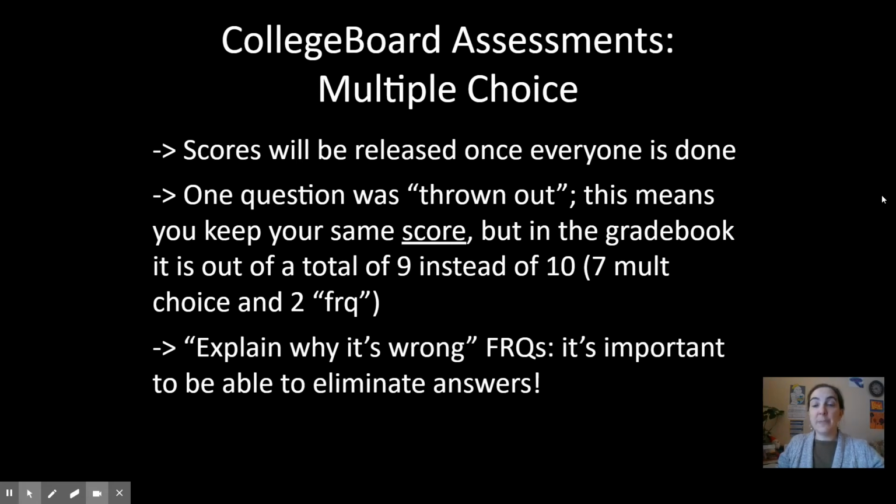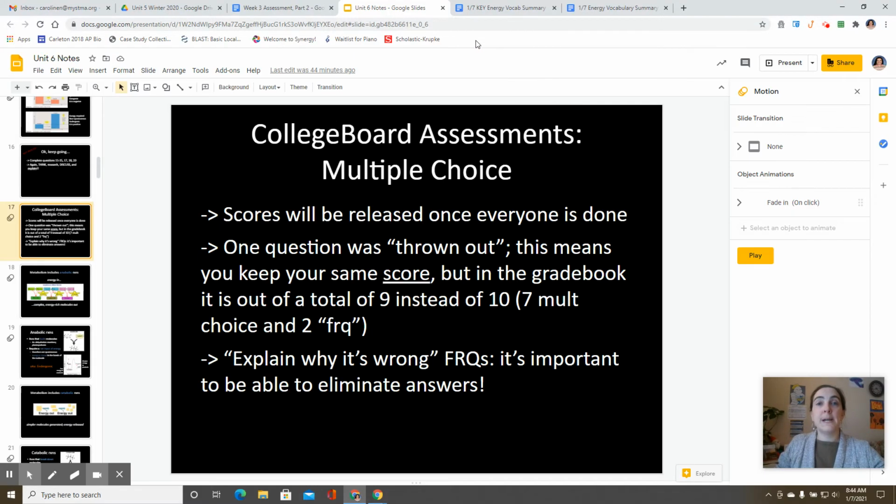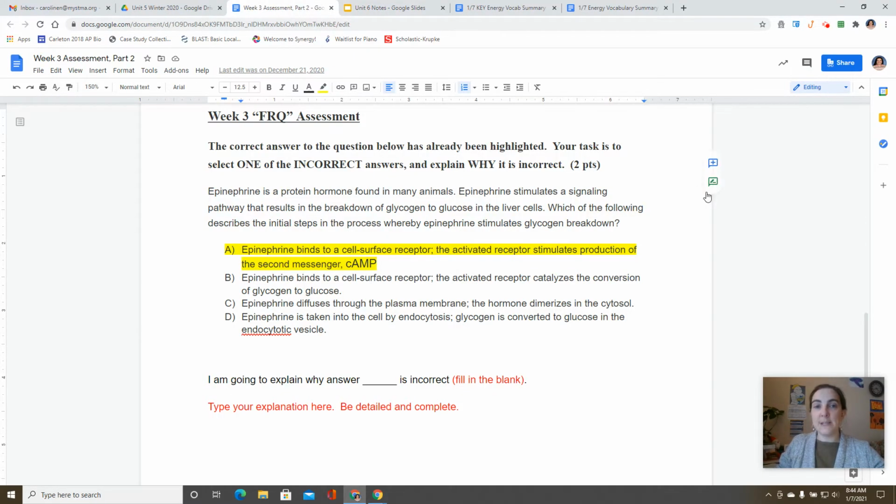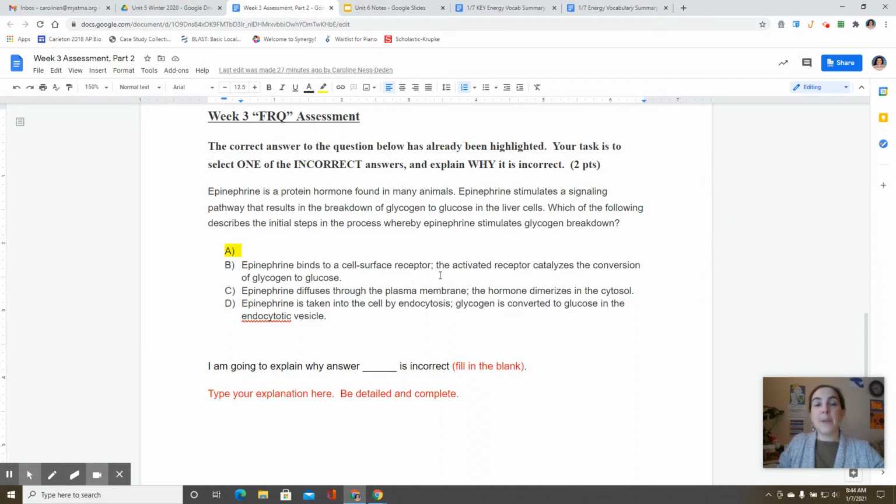In these free response type questions like this assessment that we did, many people on this one used the diagram from the multiple choice. They used the information in that right answer to help you figure out why these were wrong. But in the future, I might not even show you the right answer because the point of this really is to be able to look at these others and figure out why that can't be the right answer, to be able to eliminate some.